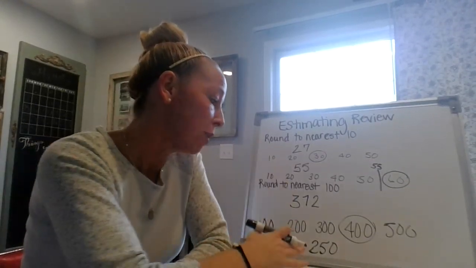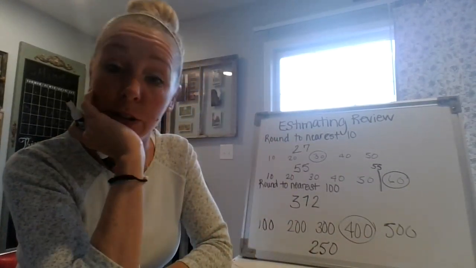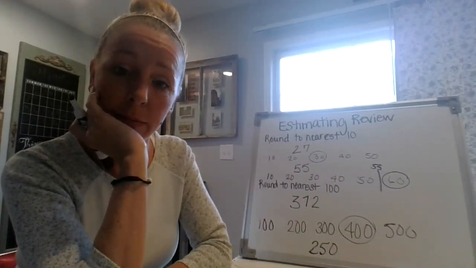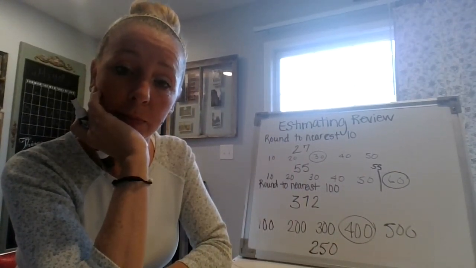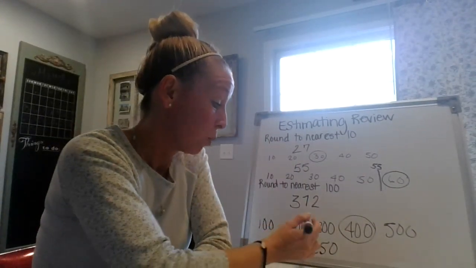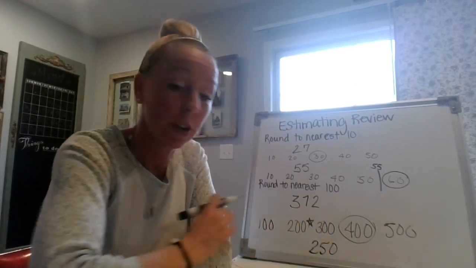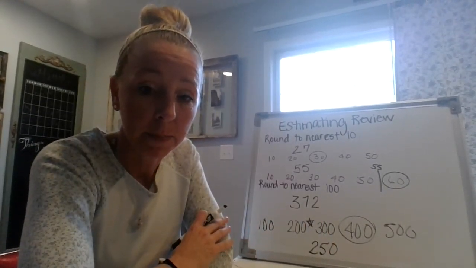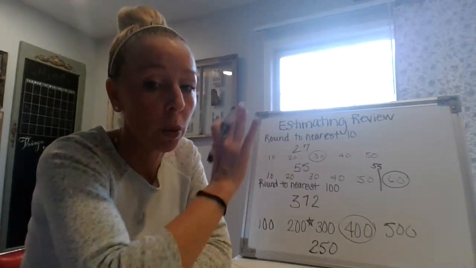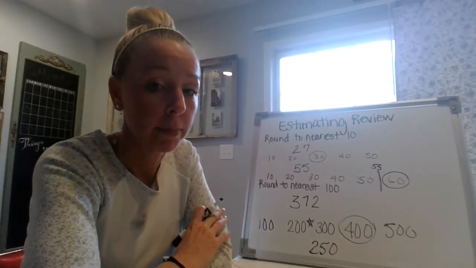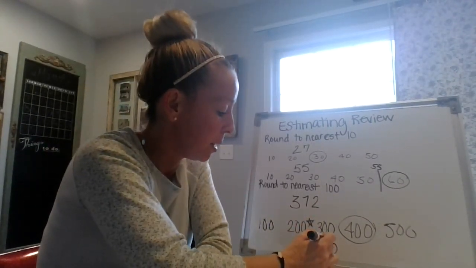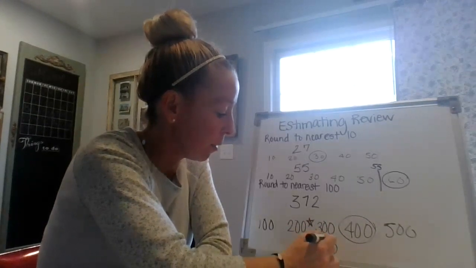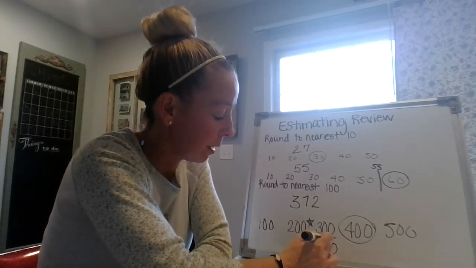So if I'm rounding 250 to the nearest 100, where would I go? It's right in the middle of 200 and 300, isn't it? So we go up. We round up. So the answer would be 300. That's my arrow.